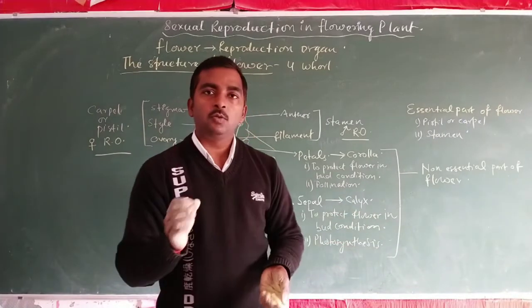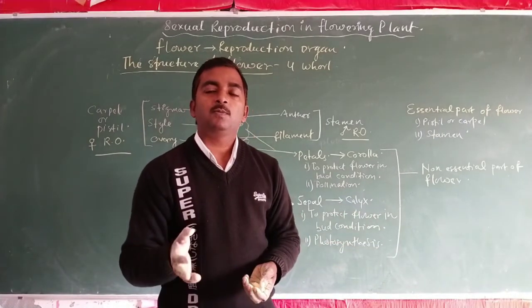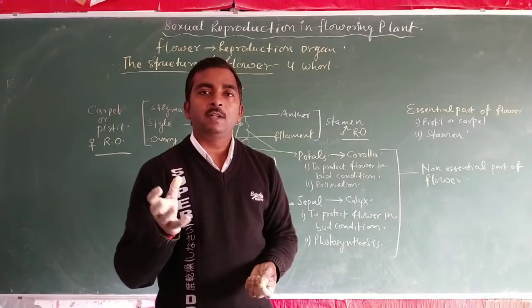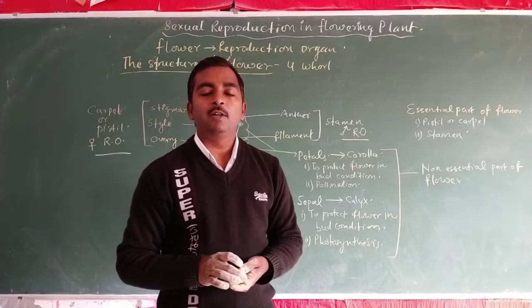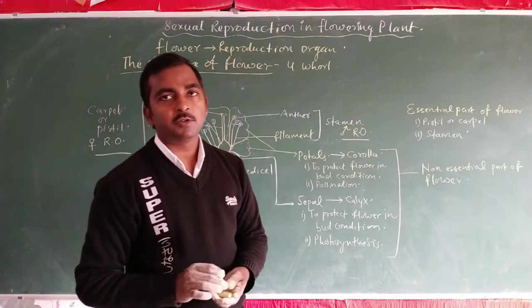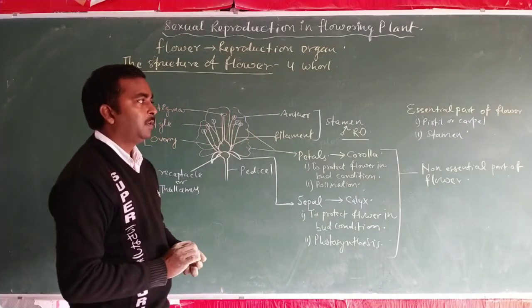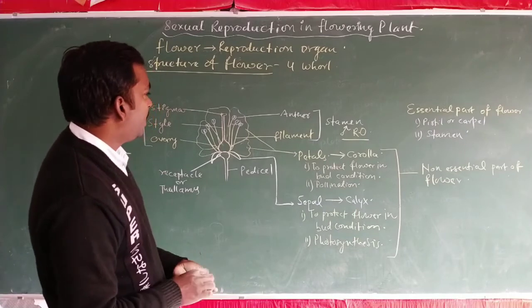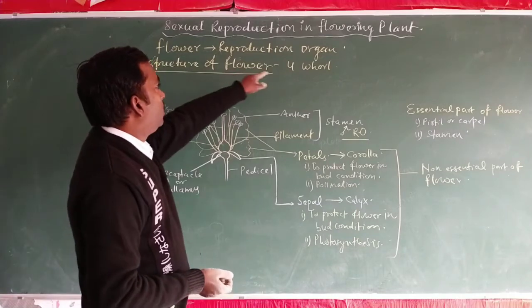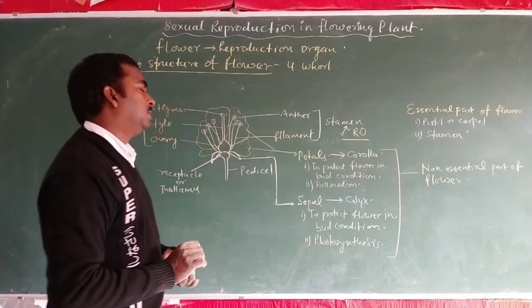Petals and sepals do not facilitate any activity for the process of reproduction. So these are called non-essential whorls of the flower. So these are the four whorls of a complete flower.